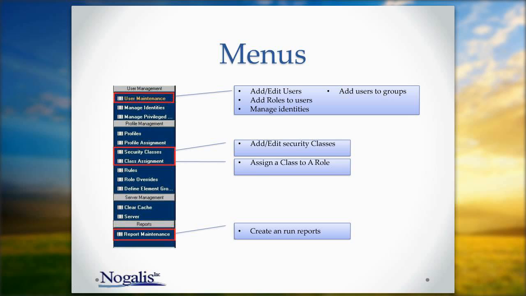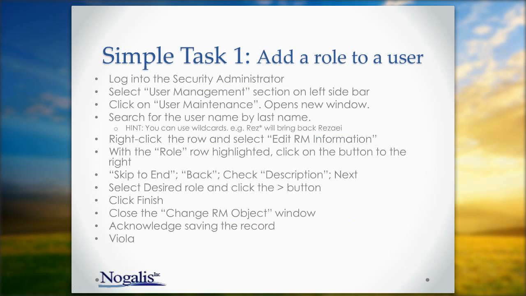The very first one, in fact, is the most common one. That's the user maintenance screen. So most likely on a day-to-day basis, you're not going to be reconfiguring your security setup. What you're going to be doing on a day-to-day basis is managing users' specific access or adding or removing users. So we'll look at an example of a task.